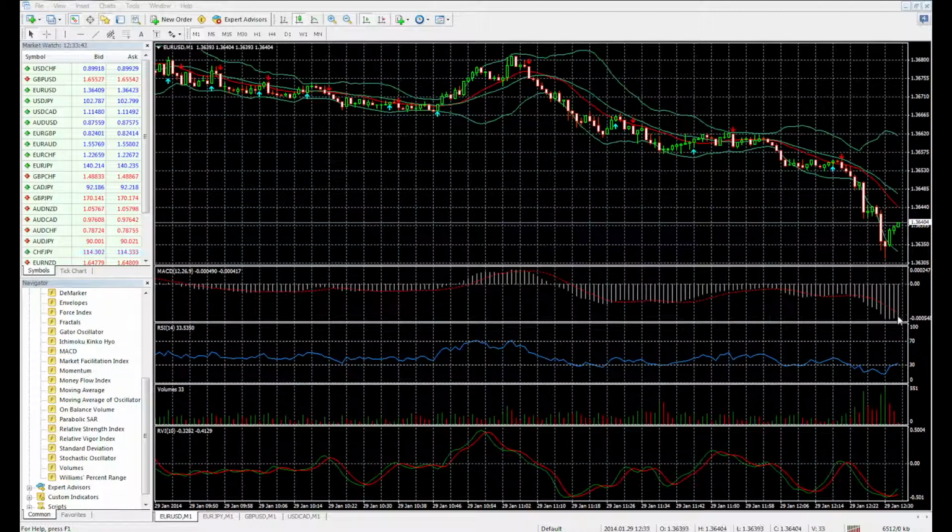So don't expect it always to go up and down like crazy. Sometimes it will just stay at this level, like we see here.